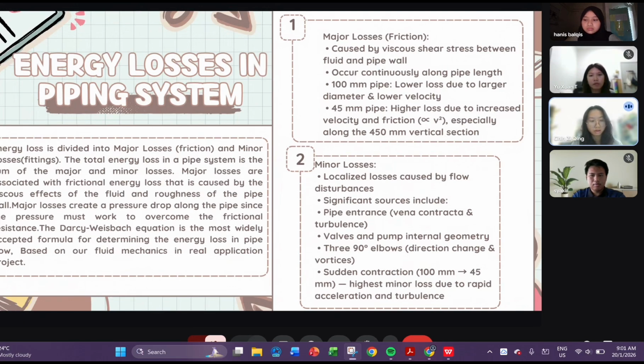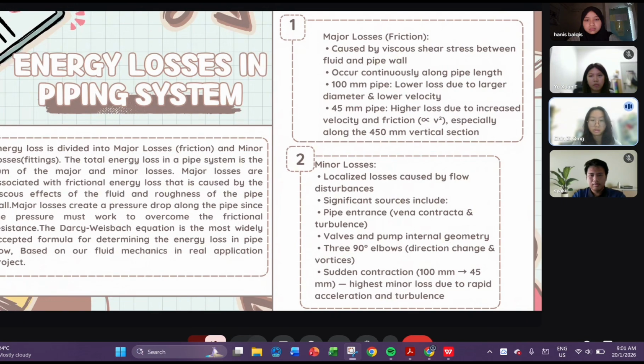Major losses create a pressure drop along the pipe since the pressure must work to overcome the frictional resistance. The Darcy-Weisbach equation is the most widely accepted formula for determining the energy loss in pipe flow based on our fluid mechanics in real application project.